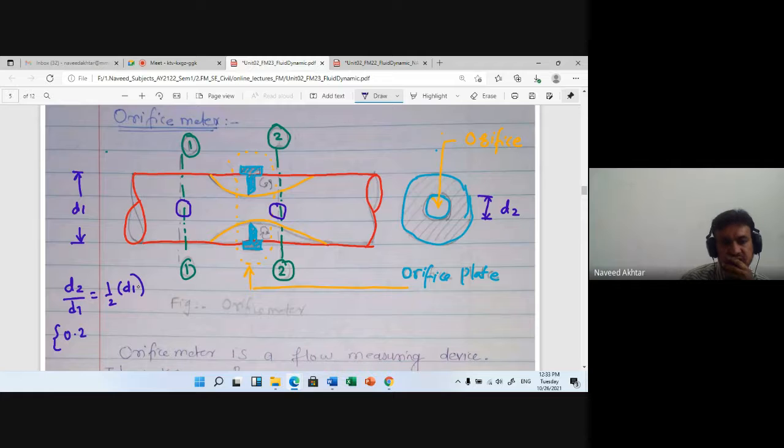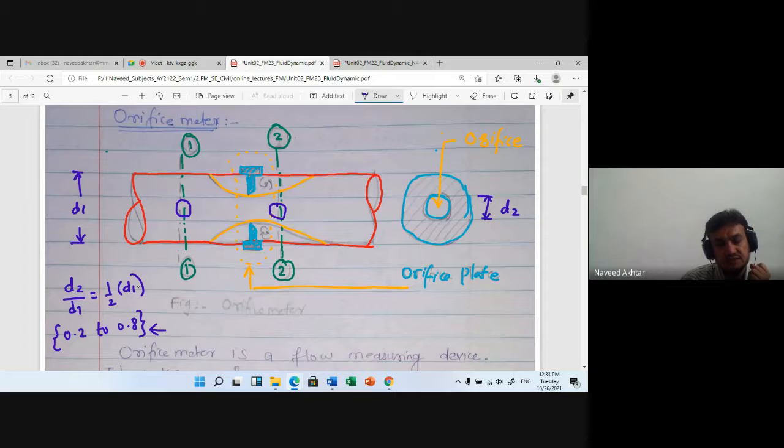It may be 0.2 to 0.8, the range of the orifice diameter. That is the construction of your orifice meter.